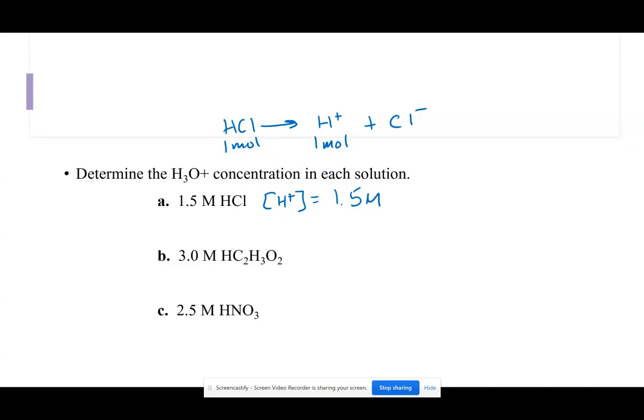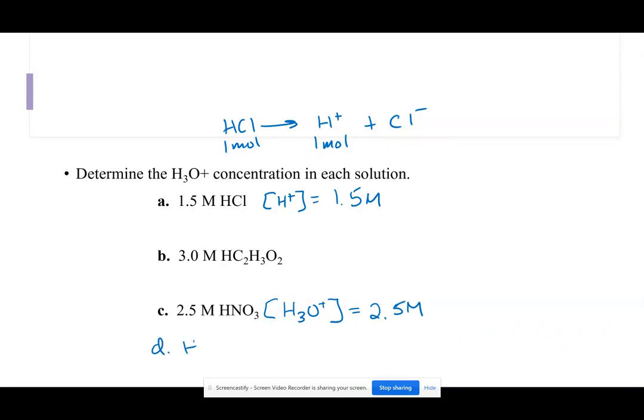The same thing with C, where I have nitric acid, that's a strong acid. For every mole of nitric acid, I'm going to get 1 mole of hydrogen ions. And so the concentration of the ion is going to be the same as the concentration of the acid.